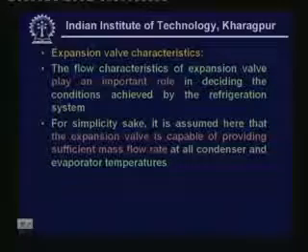You can also bring the expansion valve into the analysis, and see what is the effect of the variation on the system performance. Okay. That means you will have to simulate the 4 component system performance. But for simplicity, what we assume here is that we have an ideal expansion device which will always provide the required flow rate at different evaporator and condenser temperatures. Okay. That means it will satisfy our requirement under all conditions.